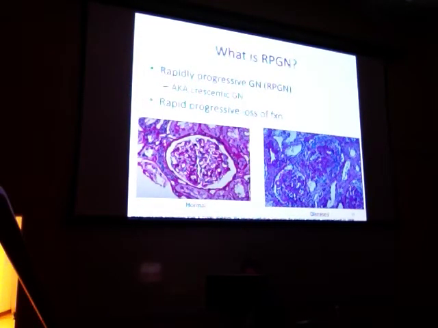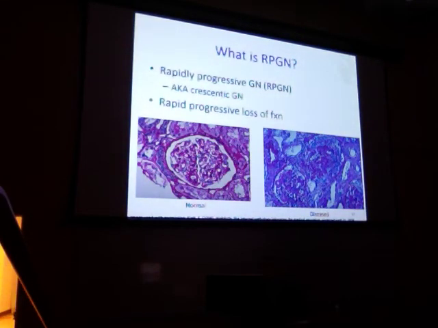So with rapidly progressing, the causes are usually something that's post-infection. Okay, or it's commonly associated with systemic lupus. A lot of these patients will have rapidly progressing glomerulonephritis.